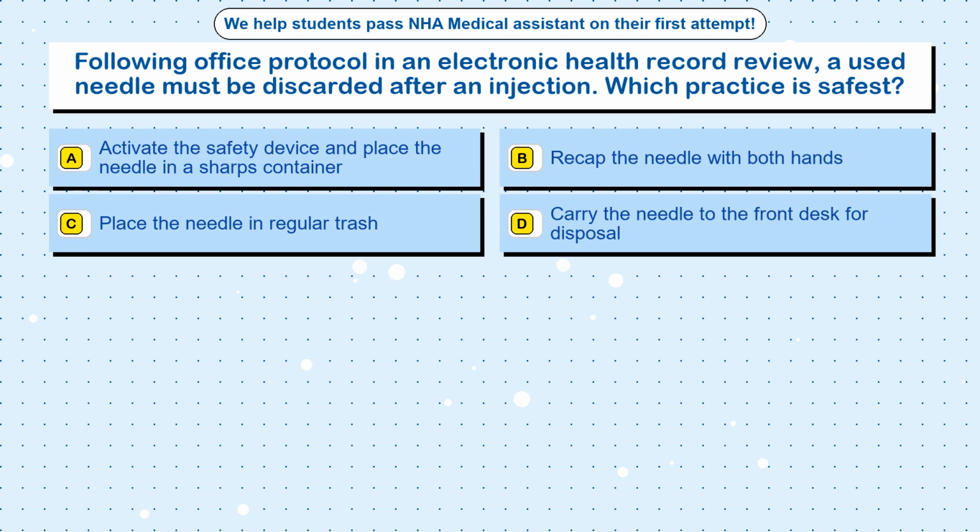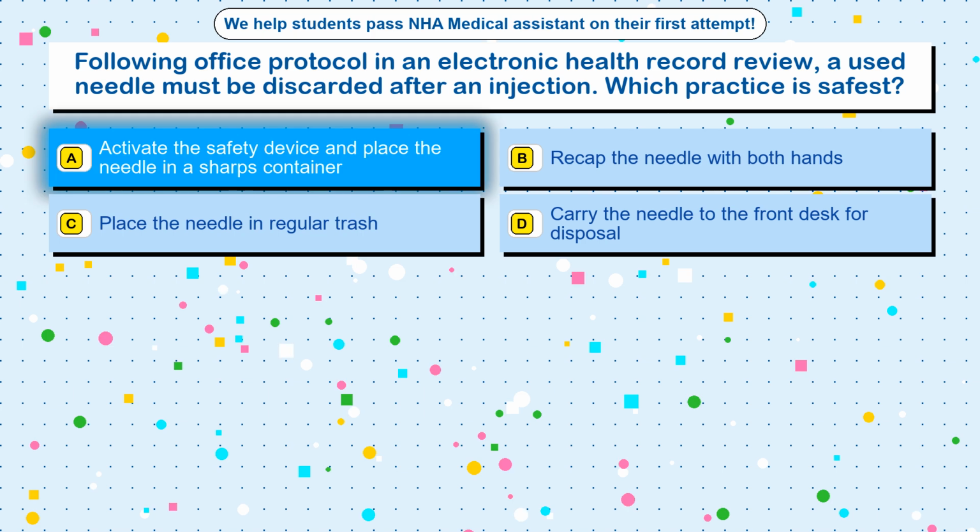Question 90. Following office protocol in an electronic health record review, a used needle must be discarded after an injection. Which practice is safest? Option A. Activate the safety device and place the needle in a sharps container. Option B. Recap the needle with both hands. Option C. Place the needle in regular trash. Option D. Carry the needle to the front desk for disposal.